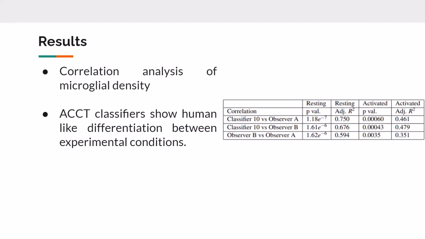Thus, ACT is able to show a human-like differentiation in cell counting between experimental conditions, thus showing it's able to represent experiments.